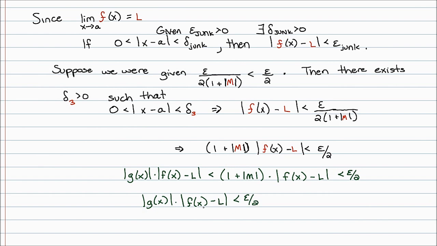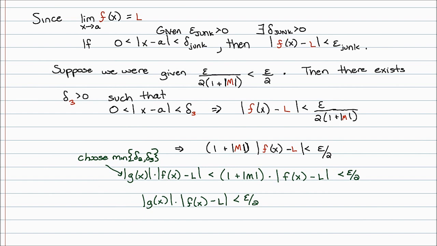So we have shown that for a choice of delta sub 3, this is true. By the way, it's only true because of this right here. This is true if you choose the minimum of delta 2 and delta 3.